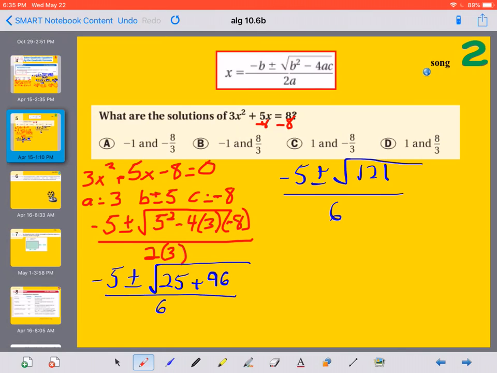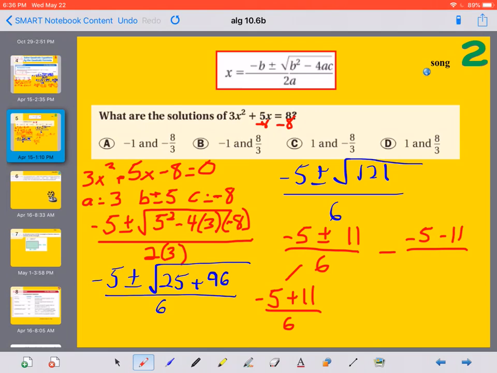The square root of 121 is 11, so negative 5 plus or minus 11 over 6. So we're going to get negative 5 plus 11 over 6, and negative 5 minus 11 over 6.